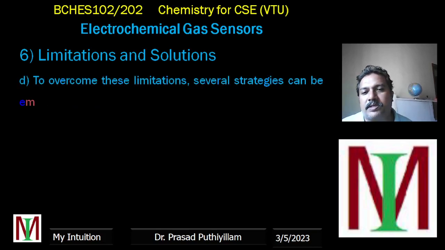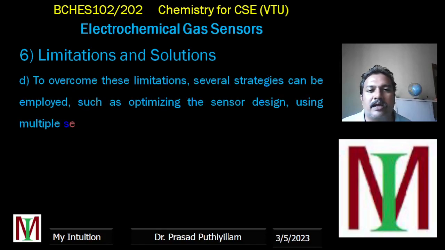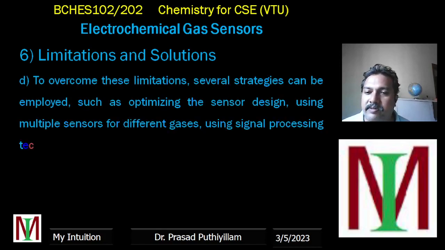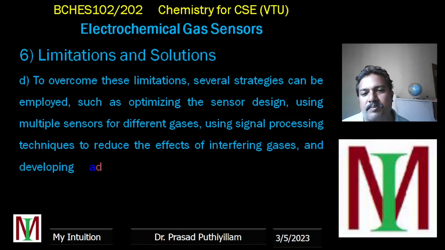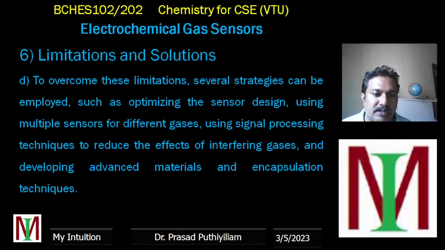To overcome these limitations, solutions are also needed now. Okay. To overcome these limitations, several strategies can be employed, such as optimizing the sensor design, using multiple sensors for different gases, using signal processing techniques to reduce the effects of interfering gases, and developing advanced materials and encapsulation techniques. That means many other sensors are in connection.